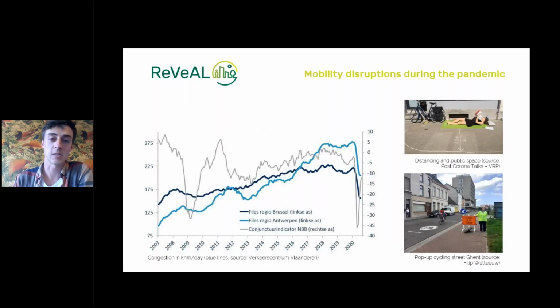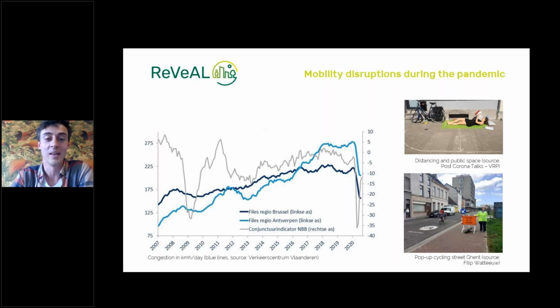In addition, and this is something we need to add into our introduction to ReVeAL, the recent and ongoing COVID crisis has had a strong impact on how we perceive mobility.